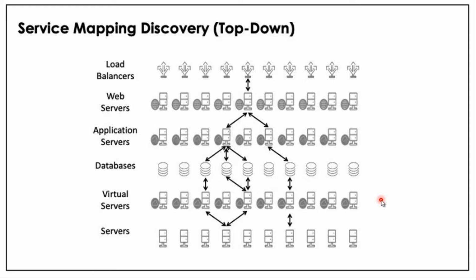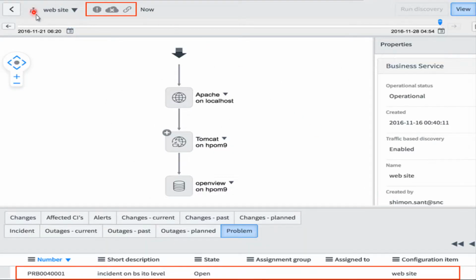Let's say you have a dynamic website which is hosted on 3 different servers. It has an Apache web server which is handling the presentation layer. The Apache web server is connected to a Tomcat server which acts as the application layer and handles the business logic.